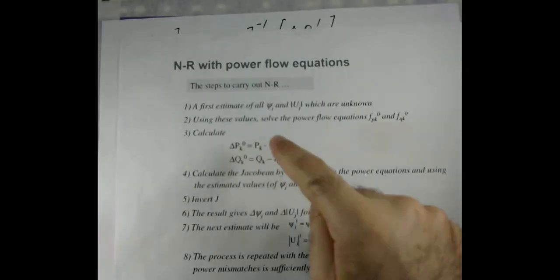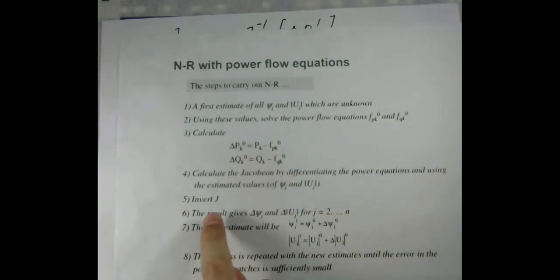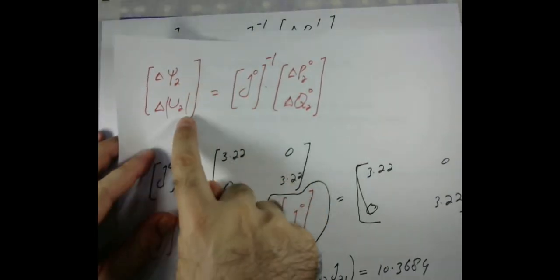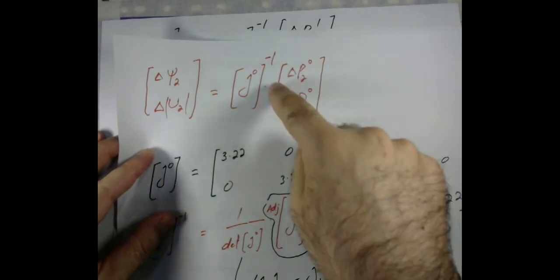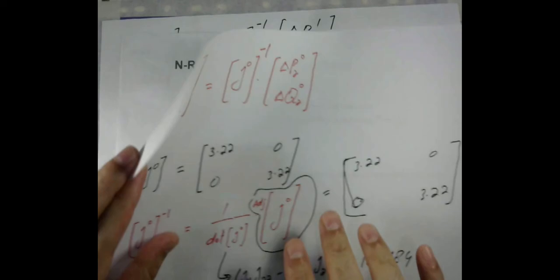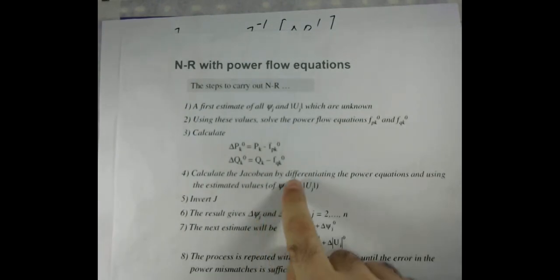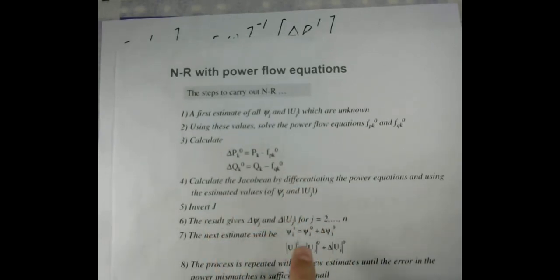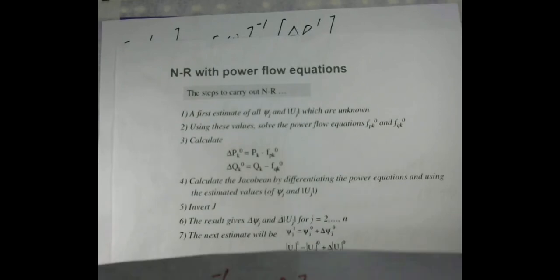Then we inverted the Jacobian matrix, because for determining the error in the angle as well as in the voltage, we need to know the power mismatch and the inverse of the Jacobian matrix. So as I mentioned, we first determined the Jacobian matrix, took the inverse, and then took the product of the two to get the error.